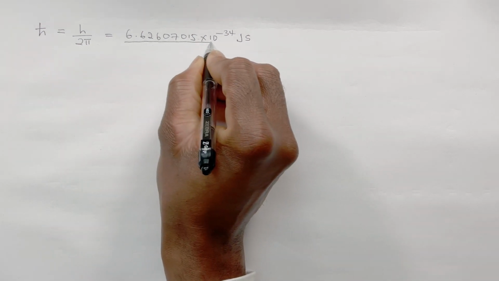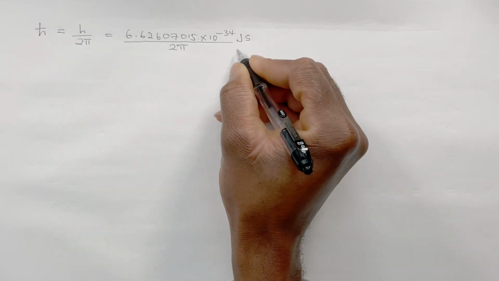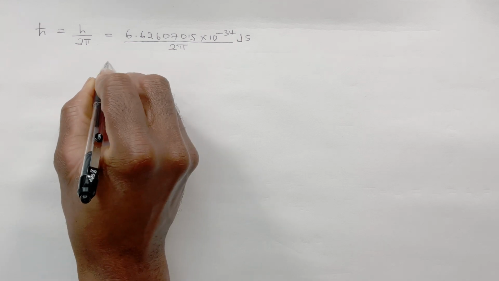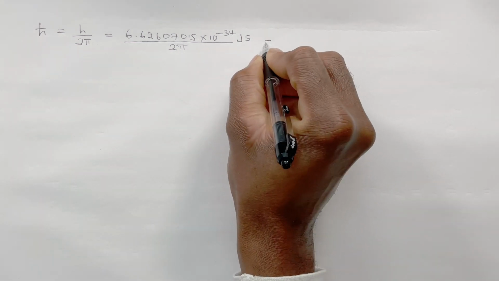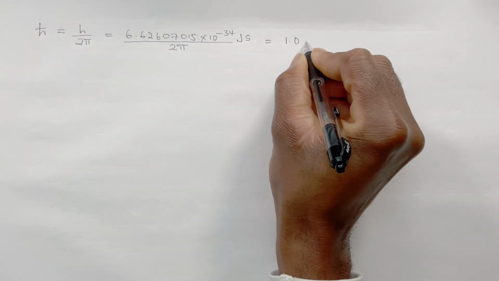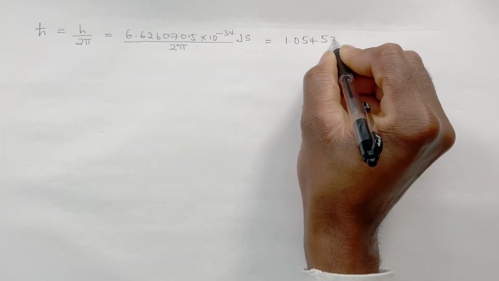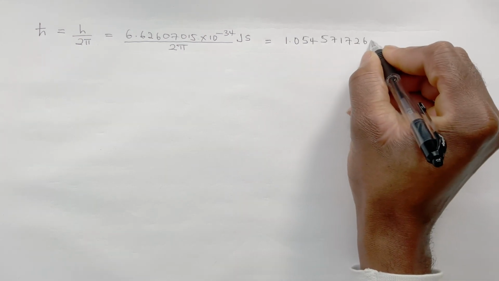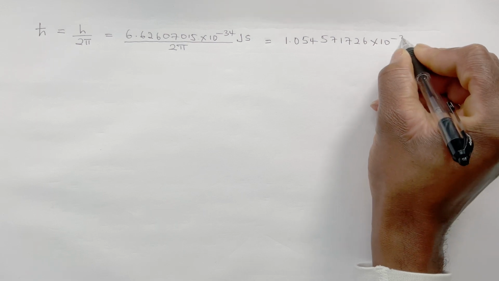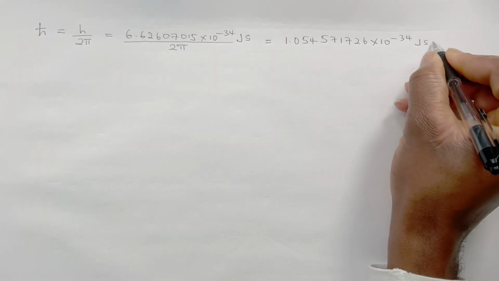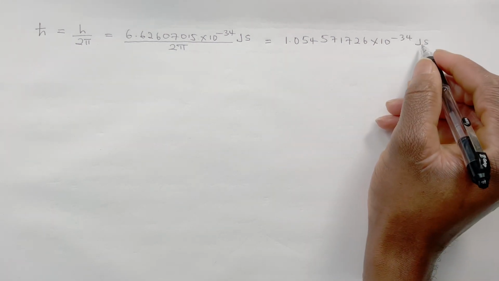If we divide that by 2 pi, that'll be per radian, and the value would be 1.0545171726 times 10 to the power minus 34 joules seconds per radian. So that's the units there.